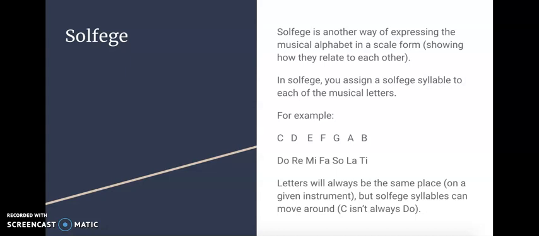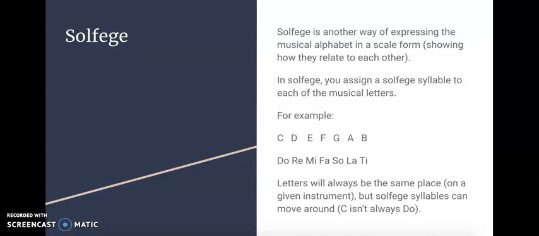So for example, C would be do, and then D would be re, and E would be mi, and F would be fa, and G would be so, and A would be la, and then B would be ti. So depending on which letter is do, it adjusts all the rest of them after that.